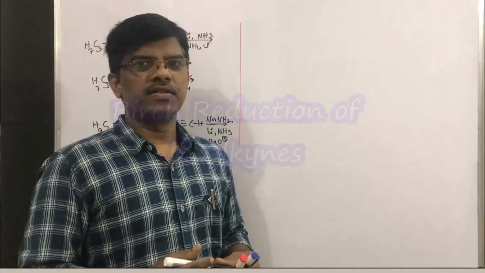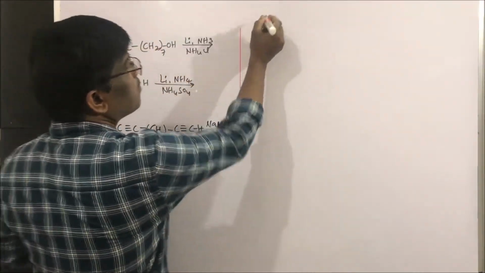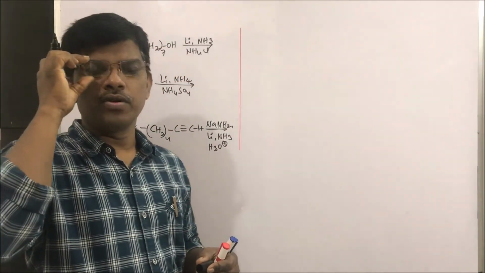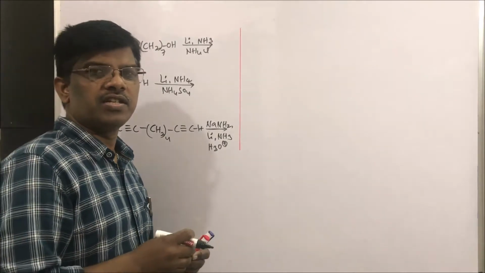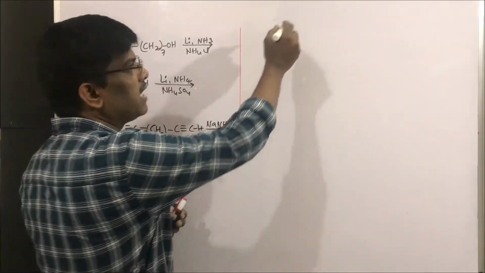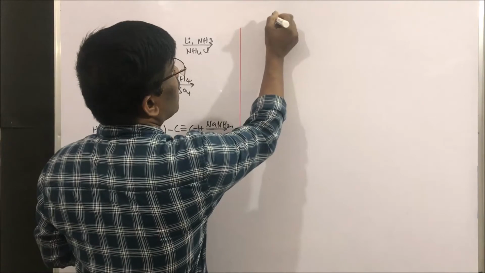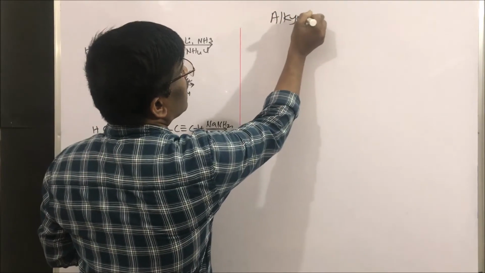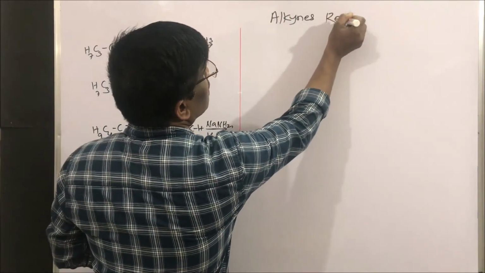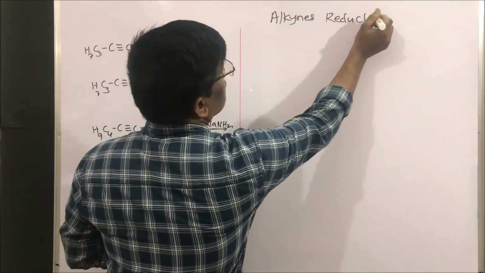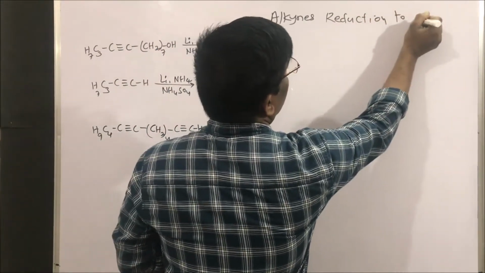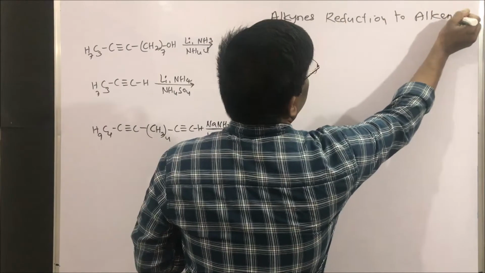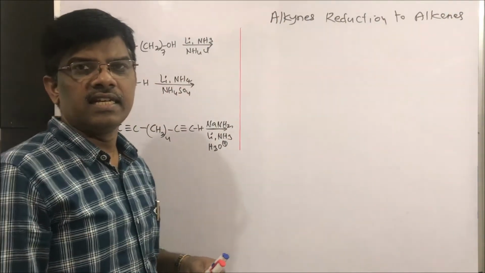Yes students, so the second category of compounds which can be reduced by the Birch reducing reagent, that is metal in liquid ammonia, is alkynes. Reduction to alkenes using Birch reducing agent, isn't it?